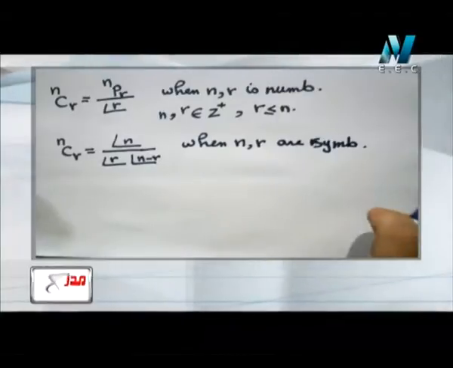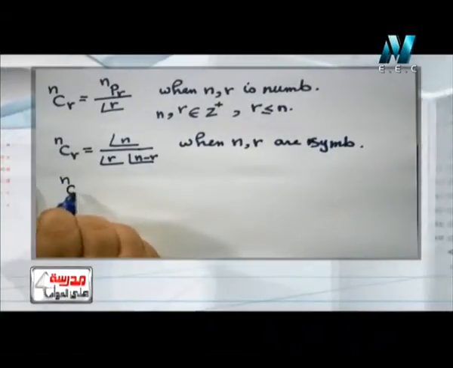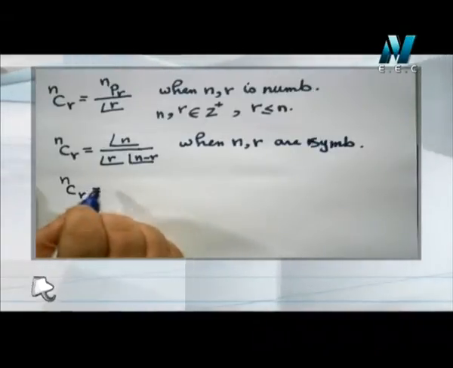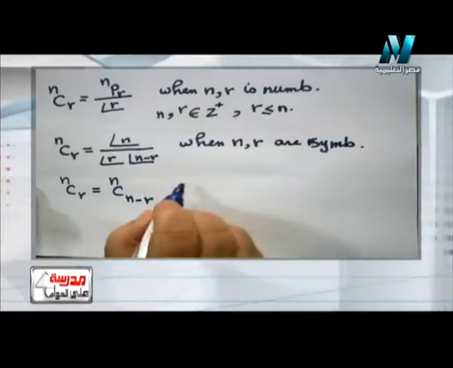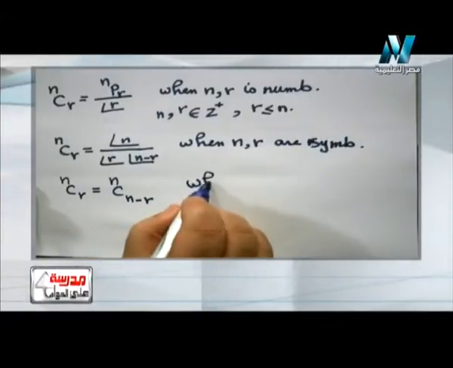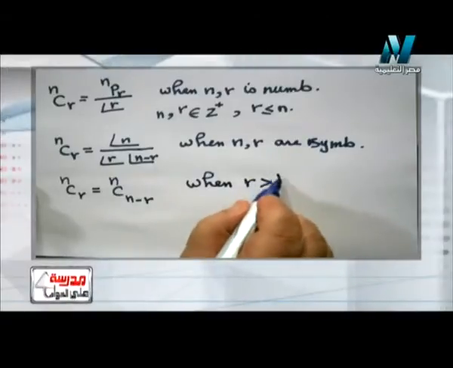Number 3, nCr equals nC n minus r, when we use this when r is greater than half n.